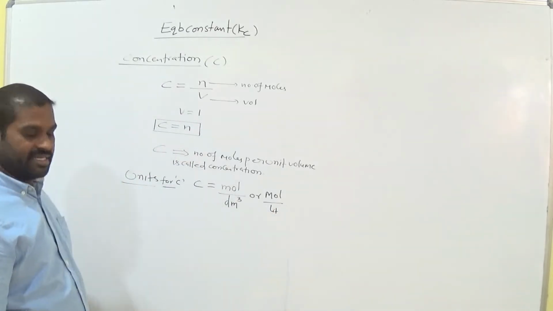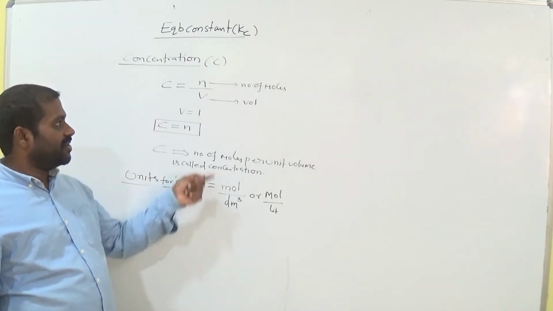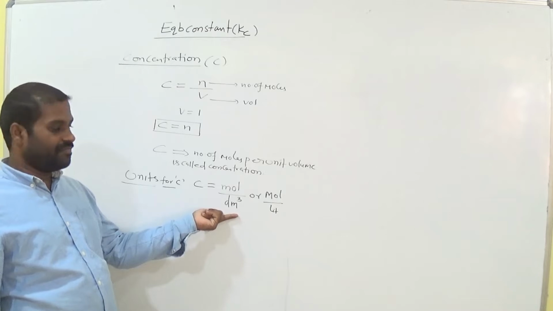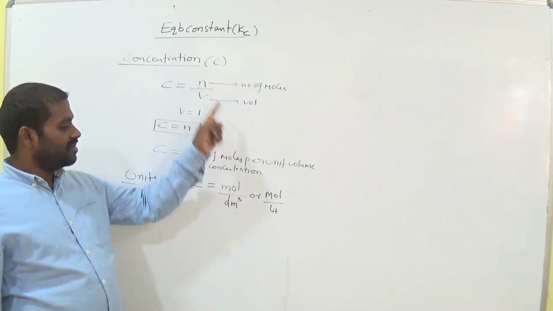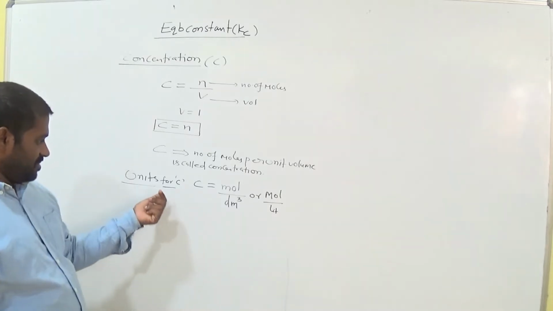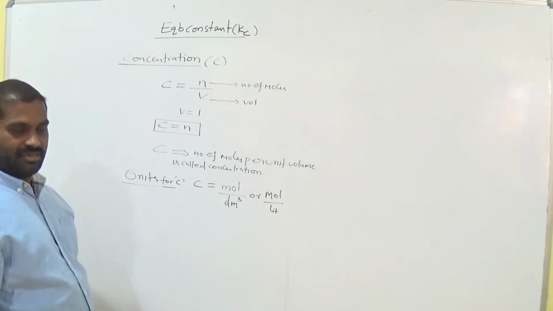Mole per liter. Understood now? Units for concentration for n mole per volume: decimeter cube or mole per liter. These are the units for concentration C. Remember this, very very important.